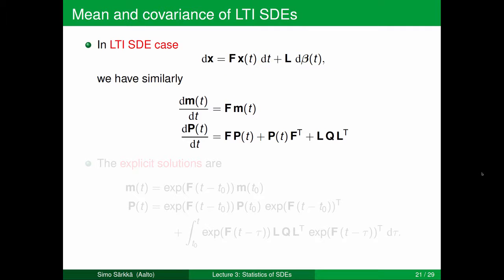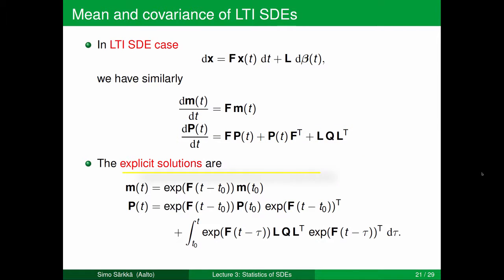Similarly, we get the differential equations: the time derivative of mean is equal to F times the mean, and the time derivative of covariance is equal to F times the covariance plus covariance times F transpose plus L Q L transpose. And the explicit solutions are exactly the same, except that we don't have u there anymore, and the transition matrix is replaced with the matrix exponential. We saw these results already before.